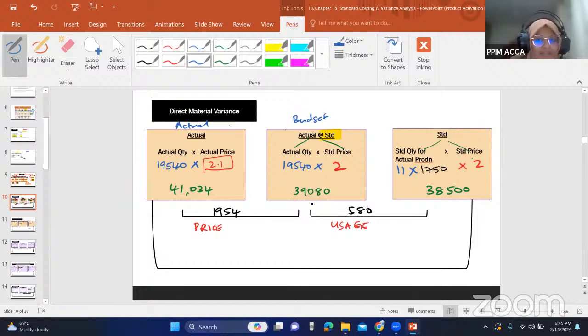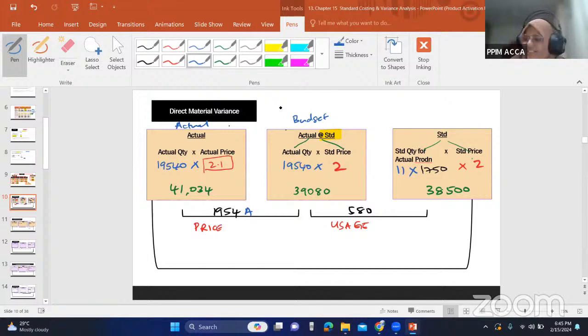According to my budget, I was supposed to spend 39,080 for direct materials. Actually, I have spent 41,034. I have spent more. If I spend more, it's always a bad thing. That is adverse. So this 1954, it's an adverse variance.